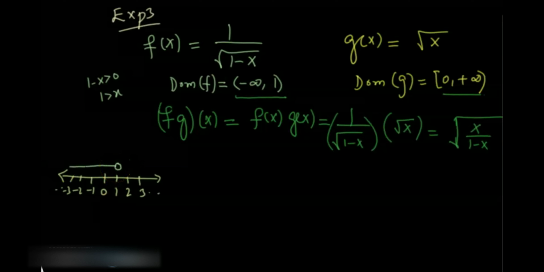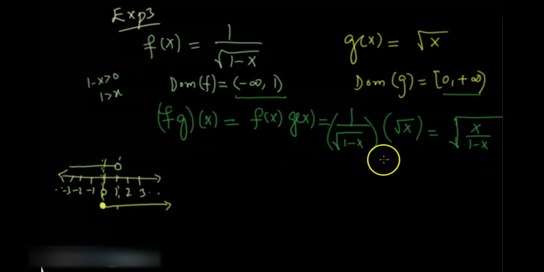This is going to be the set. And what about the domain of g? It is greater than or equal to 0. So numbers in the domain of g include 0 and positive numbers. So you can see what is going to be the intersection of these two. This is going to be the intersection, 0 till 1, but 1 is not included.